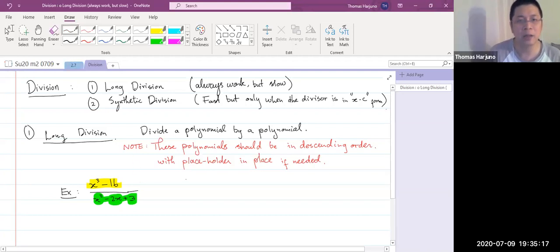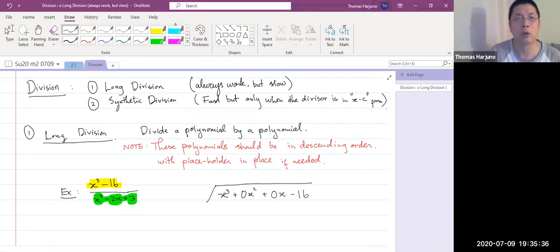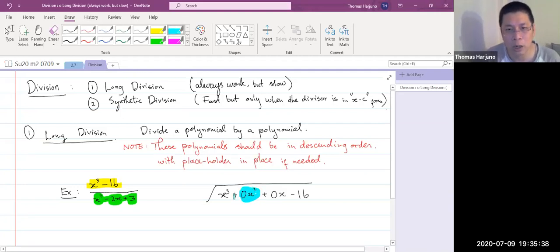Now, when I plug that into the long division, I start with x cubed, but degree of 2 is not there, so I will put in 0x squared plus 0x to the 1 minus 16. What I meant by placeholder are these two here.